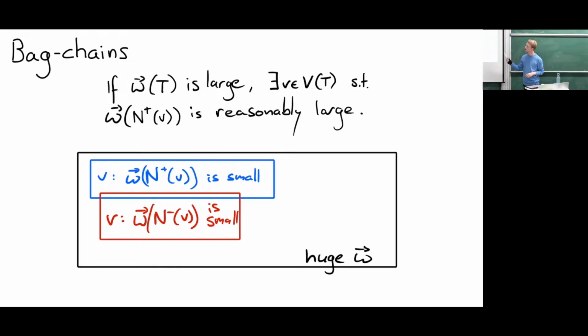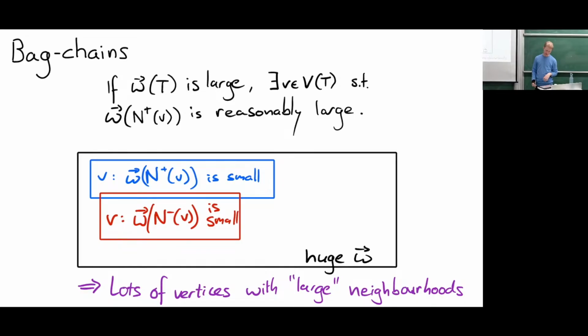And in fact, what this shows is that as long as you make this bound for the clique number big enough, we don't just get a vertex that has both large diclique number in its out neighborhood and in its in neighborhood, but we can get arbitrarily many. We can get many, many vertices with large neighborhoods, where diclique number is the measure of size, both in neighborhood and out neighborhood.